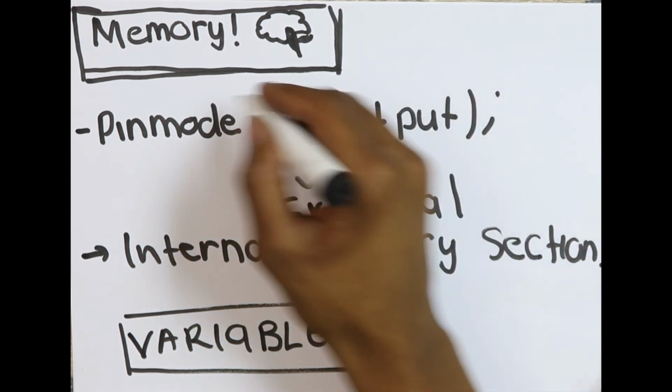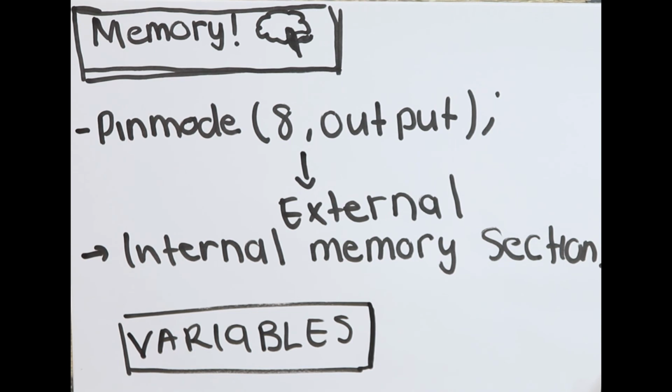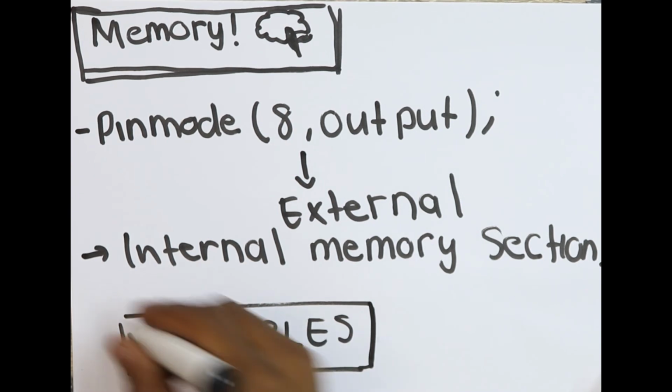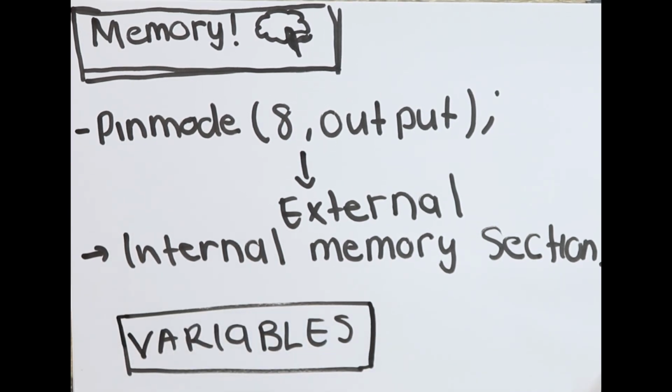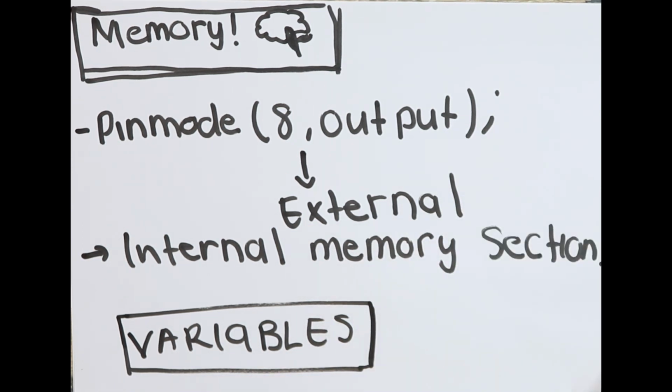Here, this pin number 8 is also a variable, but it's an external variable. It's something that you can touch on your Arduino. The internal variables you can't really play around with because they happen inside the Arduino's memory. But I'm going to explain what I mean by variables, and how these two exist in the external memory and in the internal memory.